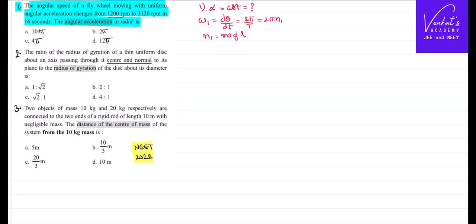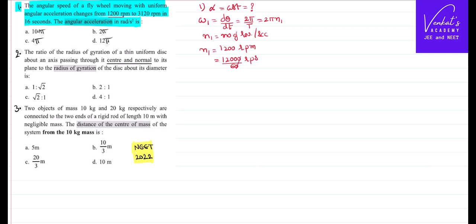where n is, be careful, the number of revolutions per second. But he has given n1 as 1200 rpm, revolutions per minute. So, I shall convert that into seconds. Per minute there are 60 seconds, then that becomes revolutions per second, or frequency.